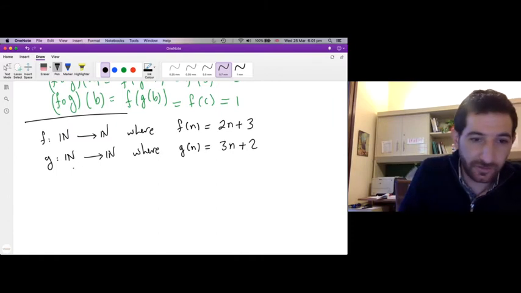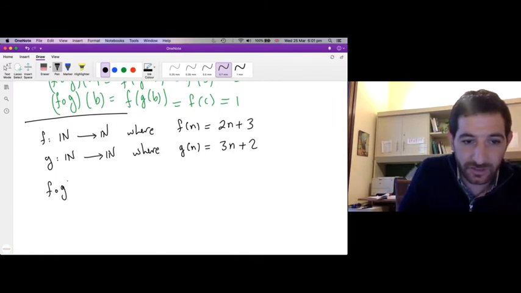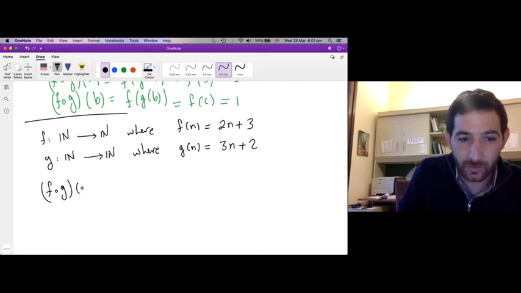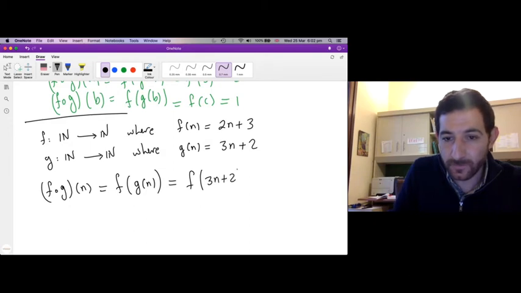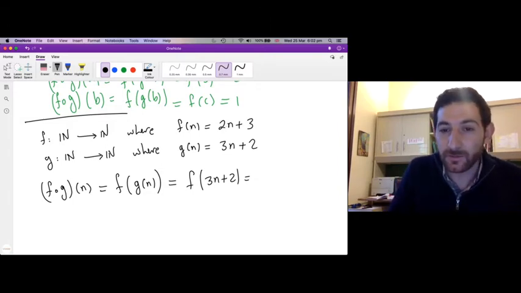Let's compute f after g of n. So f after g, we compose f after g, and we want to see what is the image of a natural number under this composition. This means first apply g to n, and then apply f to the result. What's g of n? It's 3n plus 2. And what's f of 3n plus 2? f multiplies the input by 2 and adds 3.